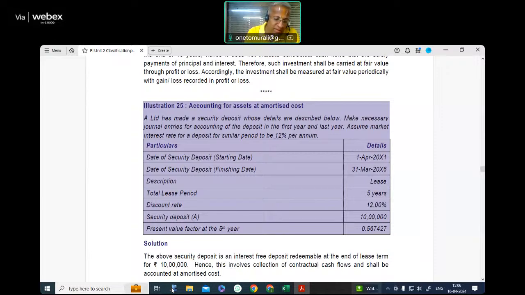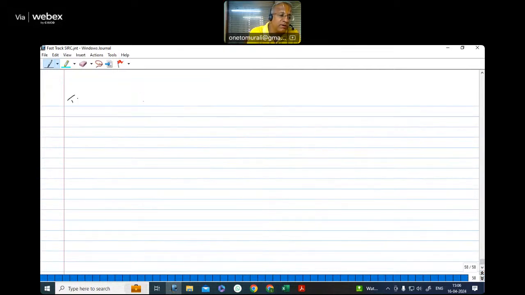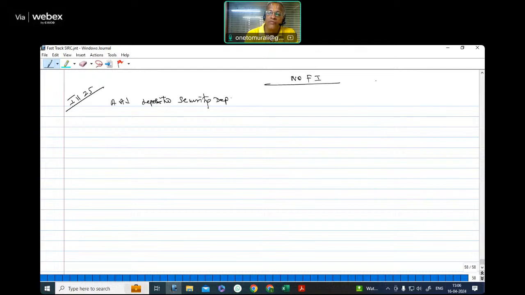Now let us take up illustration number 25. So A Limited deposited a security deposit. When there is no financial instrument, we would have passed the entry; but when a financial instrument is there, how will the same be handled?